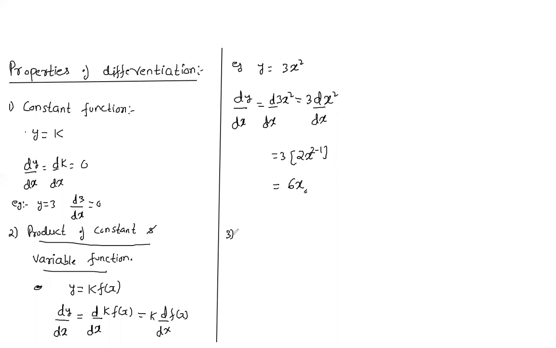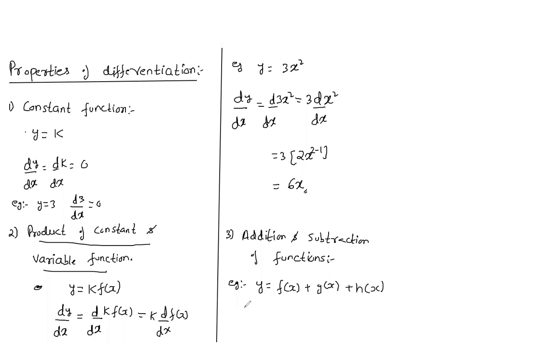Third property. If you have addition and subtraction of functions, say you have y, which is f(x) plus g(x) plus h(x). So you have y, which is the sum of 3 functions. You are supposed to differentiate y with respect to x, dy over dx.